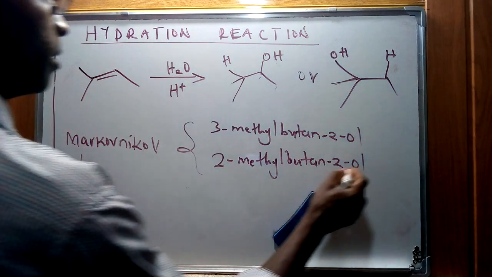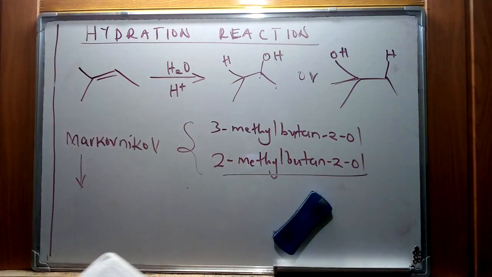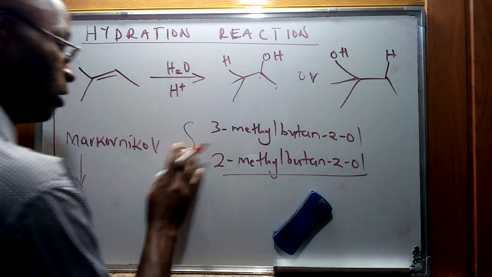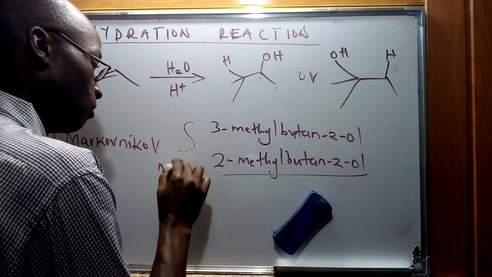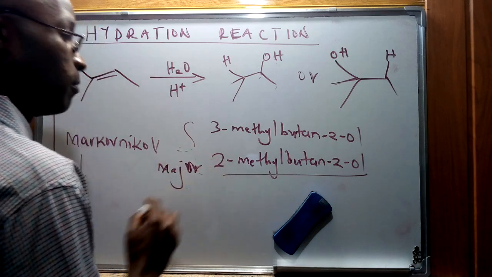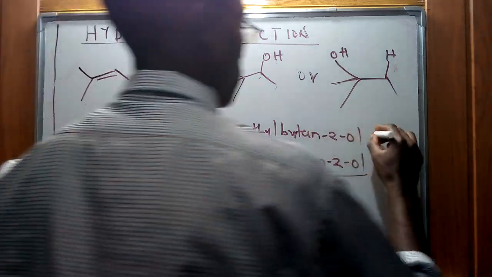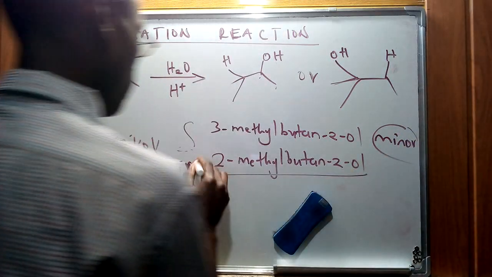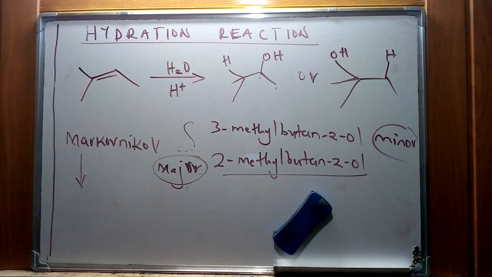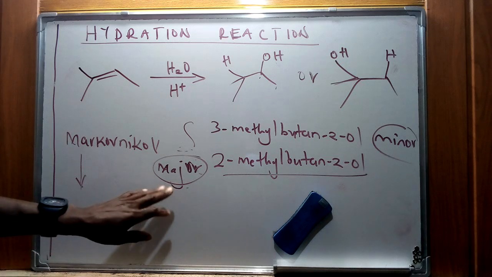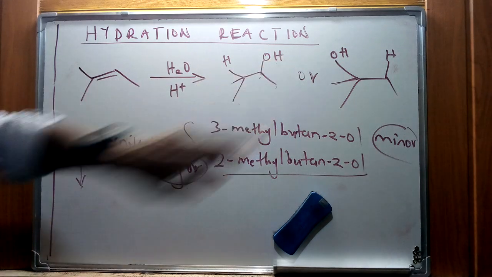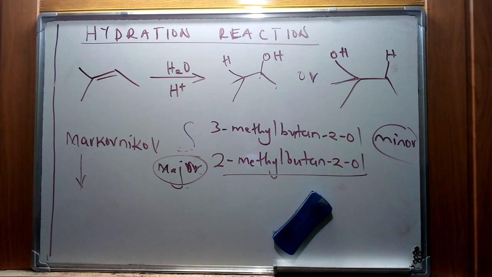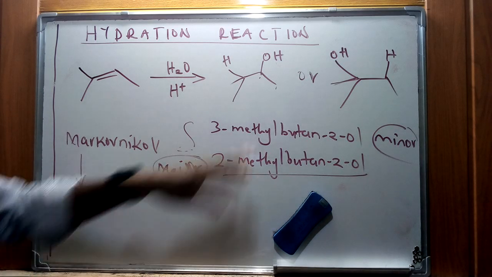Therefore, it will consider the second product to be the major product according to Markovnikov's rule, and the alternative product is going to be the minor. For the halide group or the alternative OH group that we have given in this case, it is going to be attached to the carbon with more alkyl substituents.